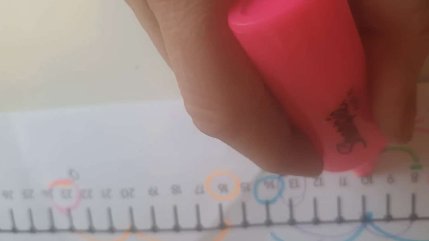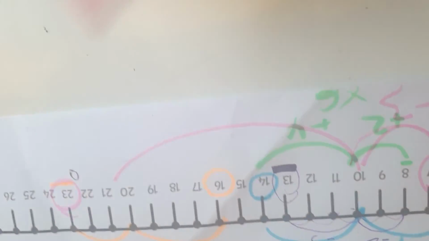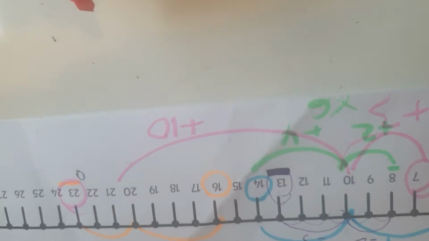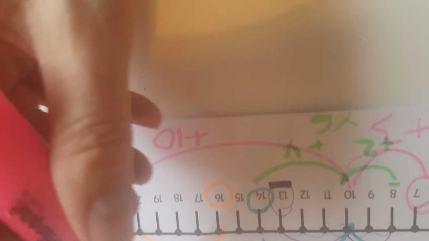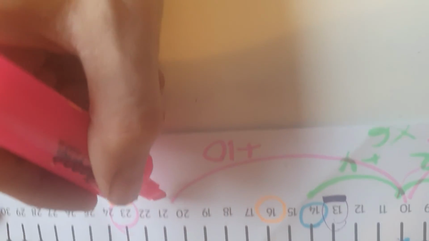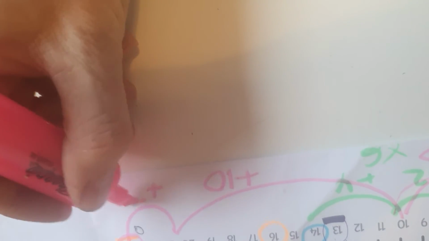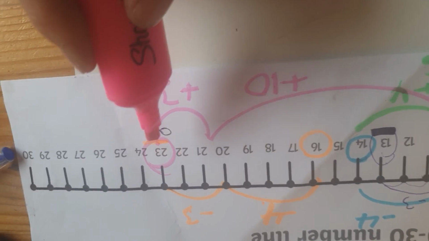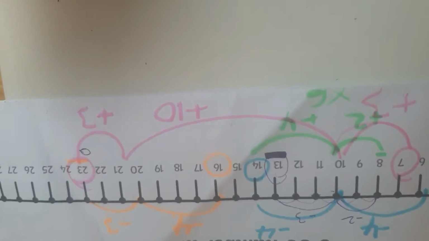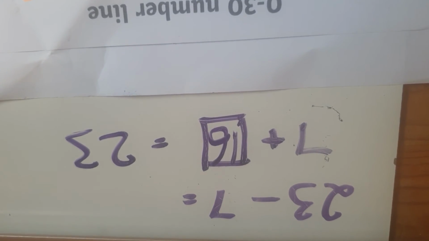And then from 10, jump to my next 10. So I've actually just added 10. 10 add 10 is 20. And then I've got to get to 23. So 10 add 3, 13 add 3 is 16. Put that in there. 7 add 16 is 23.